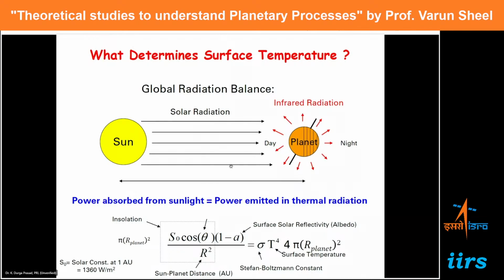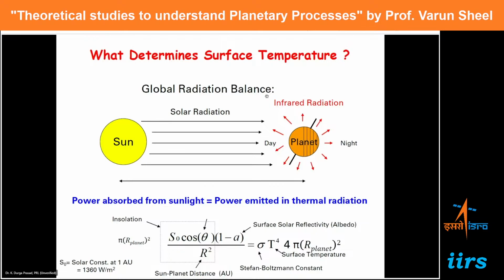Then what happens is that there is the Sun, and the planet's atmosphere is continuously subjected to solar radiation. This solar radiation reaches the surface. But if it is an airless planetary body, there is a possibility that the entire solar radiation reaches the surface.